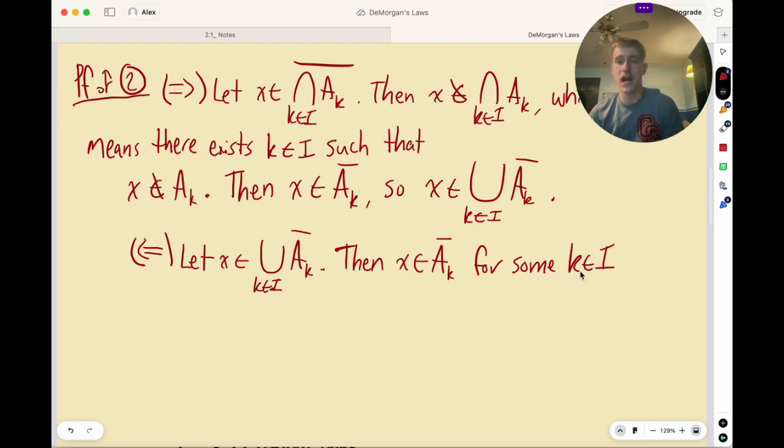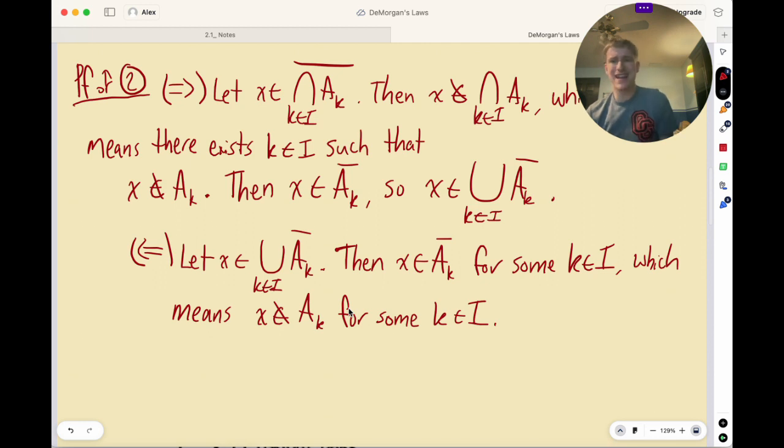It's an element of one of the complements. Which means that x is not in A sub k for some k in I. Well, if it's not in A sub k, then it's not in all of them. Clearly, if x is not a member of one set, we'll call it K, then clearly x is not going to be in K intersected with L, because that requires it to be an element of both of them.